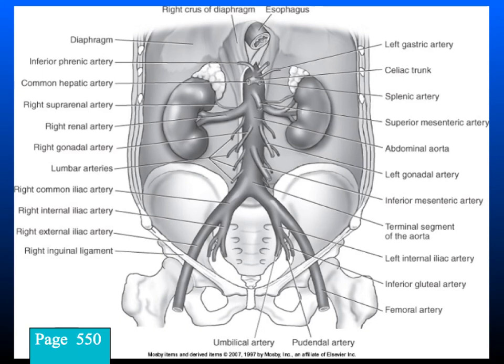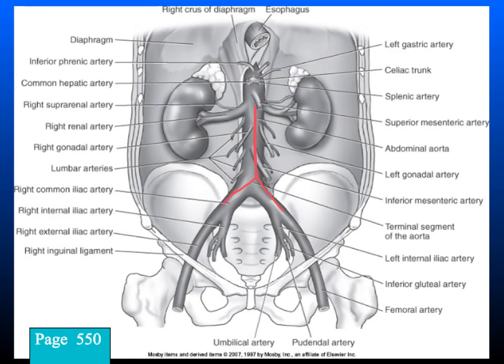I think we talked about the bifurcation. I want to talk about the rest of what happens to the aorta after it bifurcates here in the abdomen, then it comes down to bifurcate at the level of L4. It bifurcates into the right and left common iliac arteries.